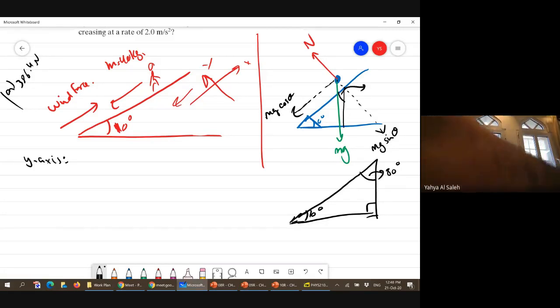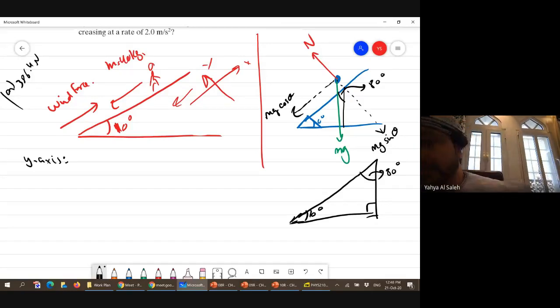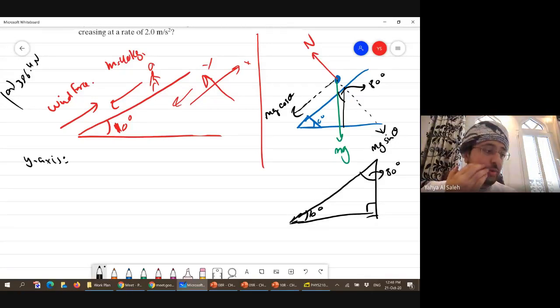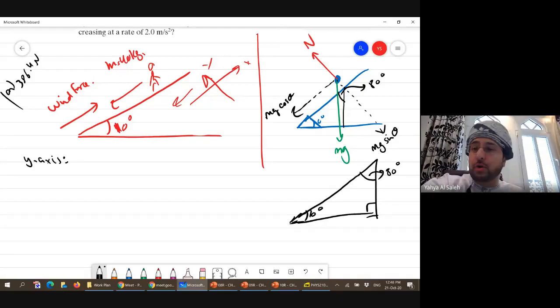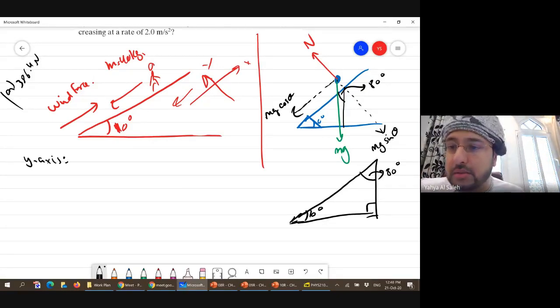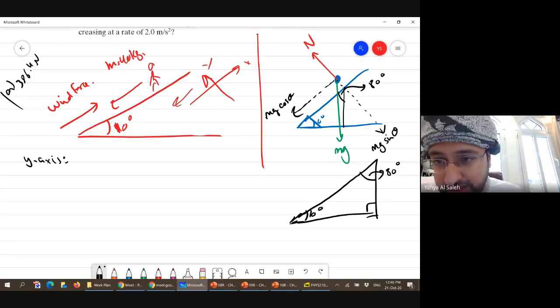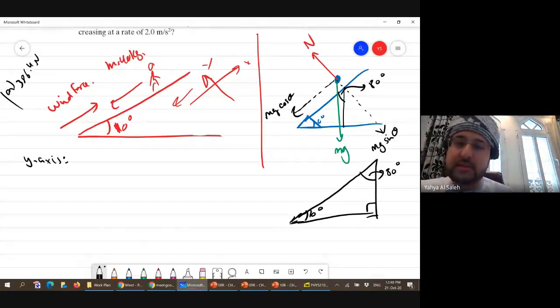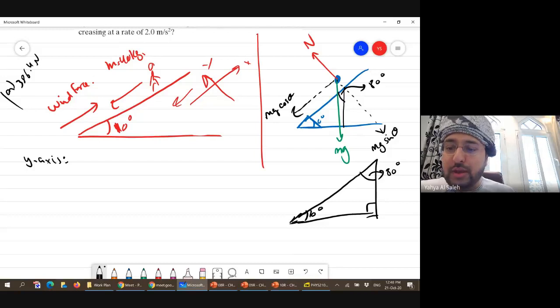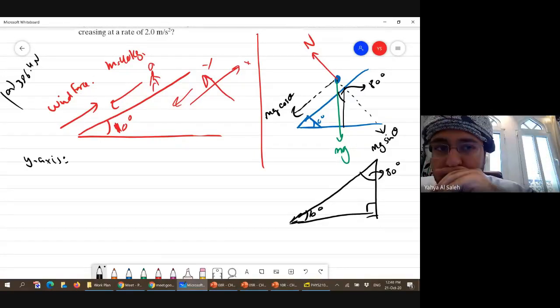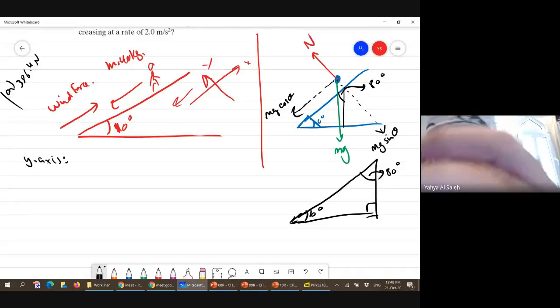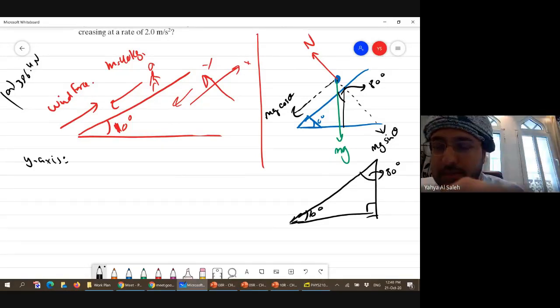This shows us it is very important to draw it. Okay, I honestly don't know if it's sine or cosine because there is no hard and fast rule. It really depends on the angles. So the only way for us to actually figure out which one is sine and which one is cosine is to actually try it out. Okay, so let's try it out.